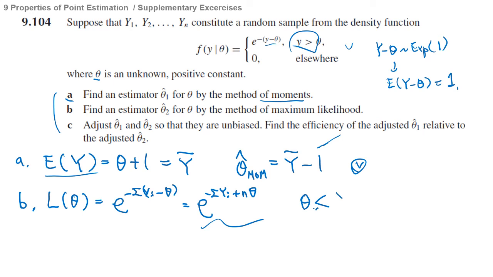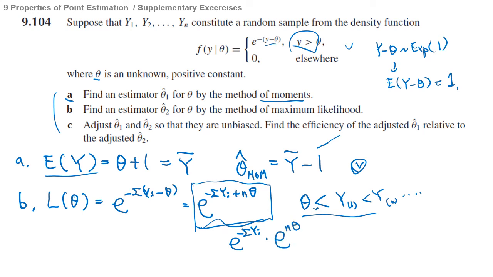If we order these y's, y1 up to yn, we can find this relationship, and we can see that this function is increasing with respect to theta. It is e to the minus sum of yi times e to the n theta; the first factor is constant, and e to the n theta is an increasing function of theta.